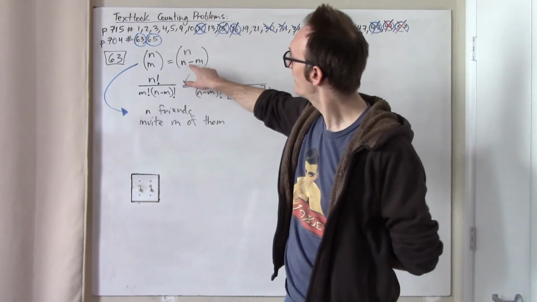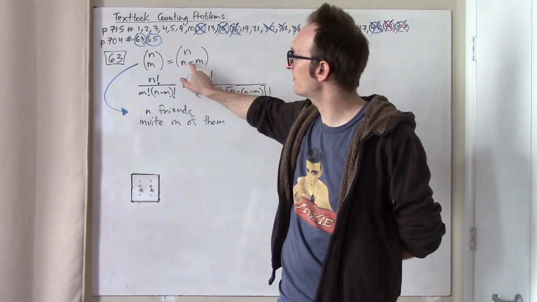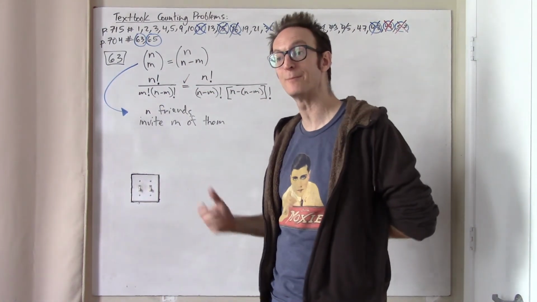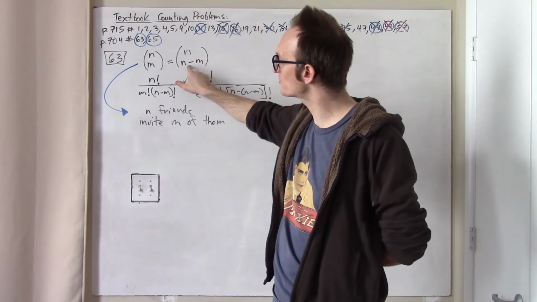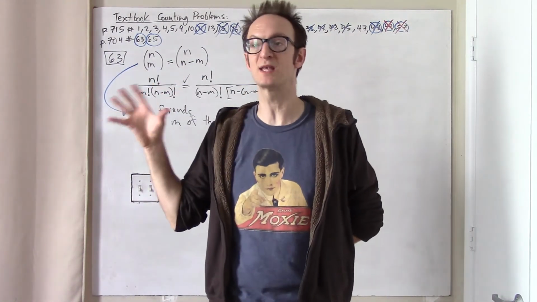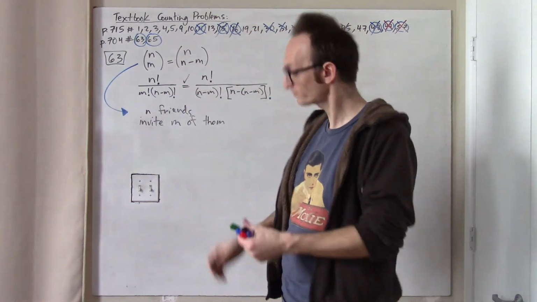And so you might alternatively solve this same problem by just taking the n minus m friends that aren't going to be invited and picking them. And there are n choose n minus m ways of picking which n minus m friends to not invite. And so that's why these are just counting the same thing.